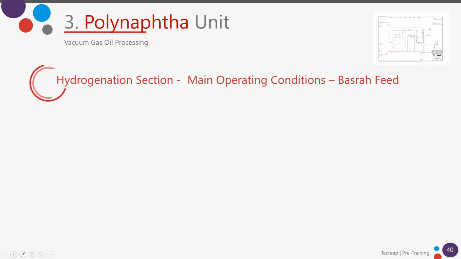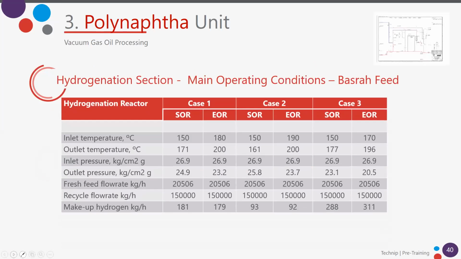And here we will see some of the operating conditions. I have said before, they are talking about 3 cases in the operating manual, okay? And these 3 cases are the normal design, that is 50% hydrogenation.